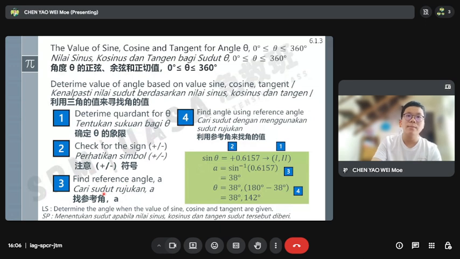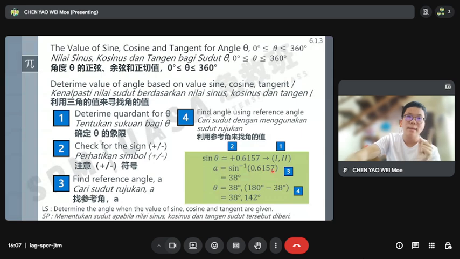You see, sine theta equals positive. Only quadrant 1 is always positive, and only sine in quadrant 2 is positive. So 1 and 2 settle. And then for the reference angle, the reference angle equals sine inverse 0.6157.